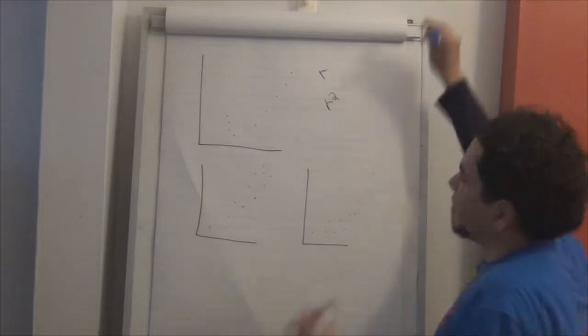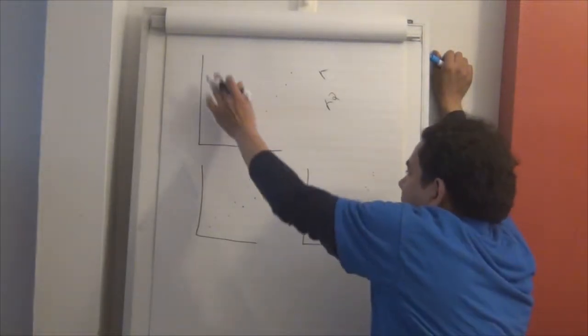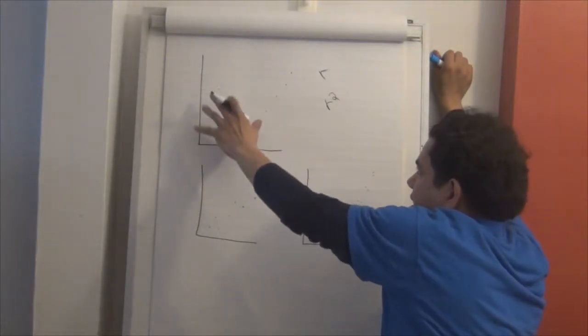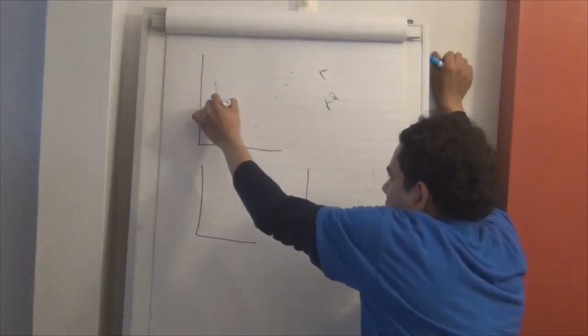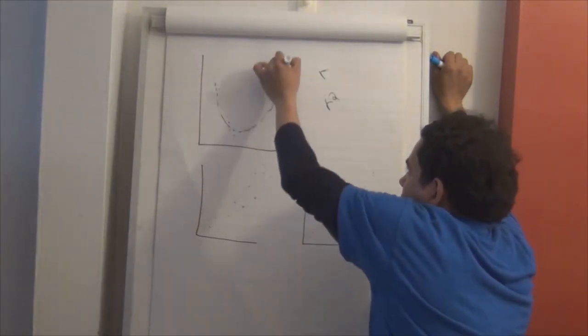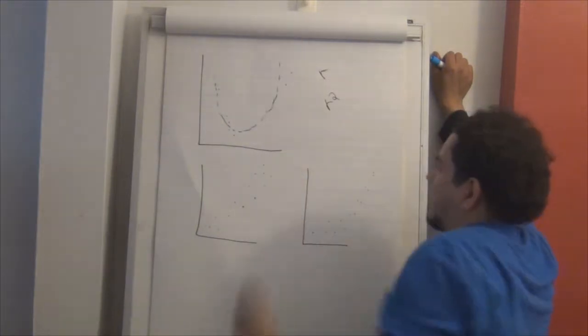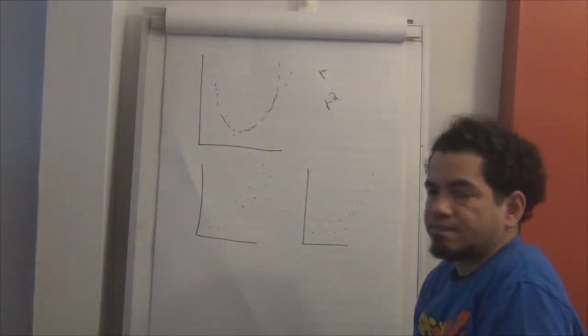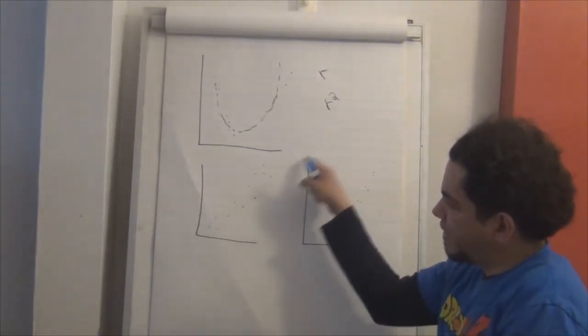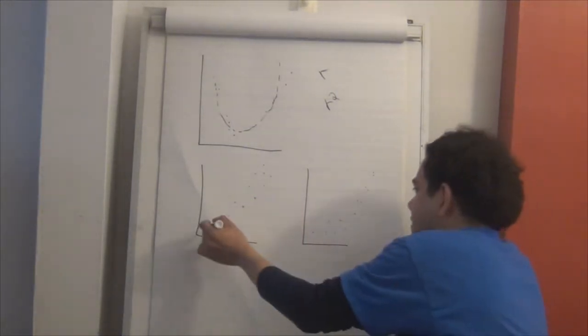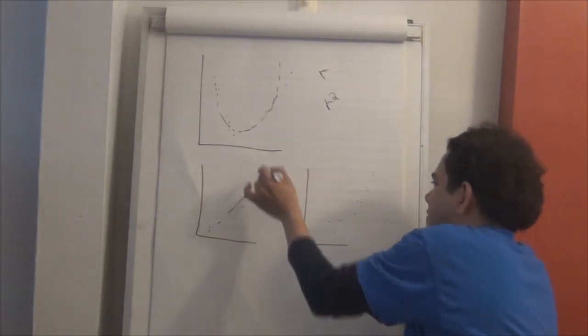Here, my best model will be a quadratic function. It looks like a parabola more than a straight line, so I would use the quadratic model. Here, it will be the linear model.